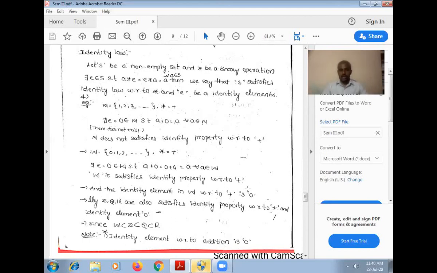So for any element of the natural number set, only if we add zero do we get the same element. Therefore A plus 0 equal to A. Here star equal to plus, and A belongs to N. But in place of E we are getting 0, and 0 does not belong to N. So that's why N does not satisfy the identity property with respect to plus.